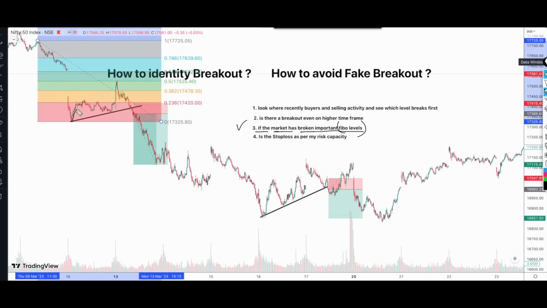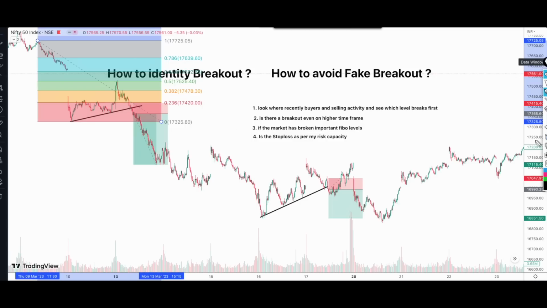Here you can see market went towards the upside, faced rejection at 0.5 level. If market had gone above this, I would look for only buying opportunity, but market faced rejection here. After this continuous fall, even after breaking 23.6 level of Fibonacci, market gave a breakdown. This acts as my next confirmation.